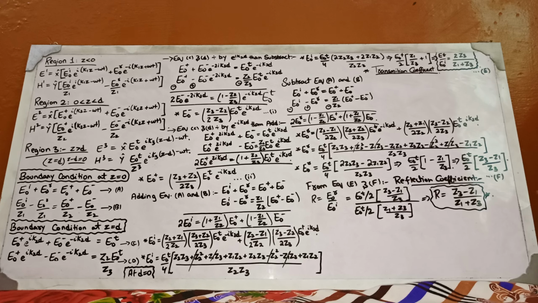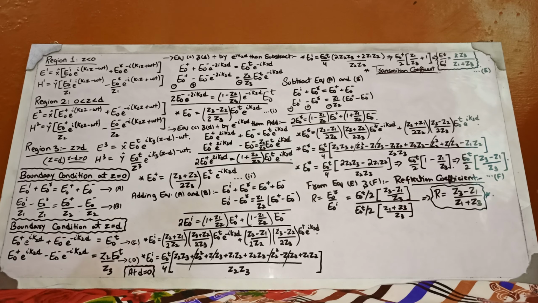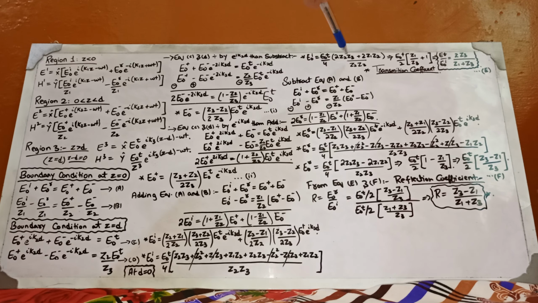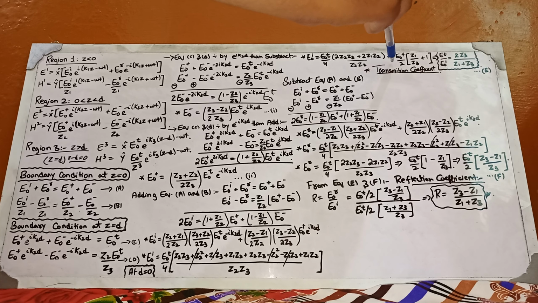Understood? Okay, now you have to divide both of these by 2 Z2, so it becomes E naught T. After dividing, taking 2 common from this equation, 2 divided by 4 becomes 1 by 2, so E naught T divided by 2.